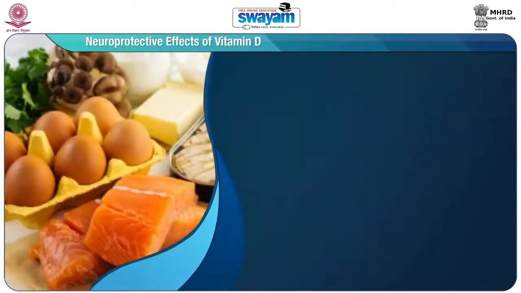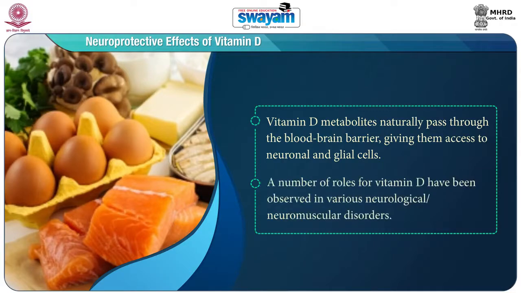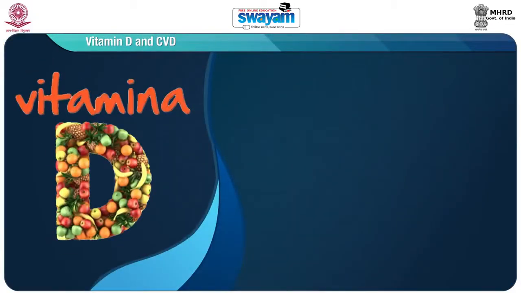Now, coming to the neuroprotective effects of vitamin D. Vitamin D metabolites naturally pass through the blood-brain barrier, giving them access to neuronal and glial cells. Therefore, a number of roles for vitamin D have been observed in various neurological and neuromuscular disorders. Now, vitamin D and cardiovascular diseases.